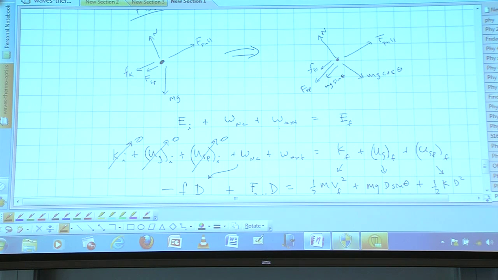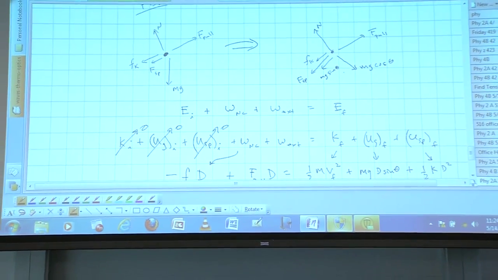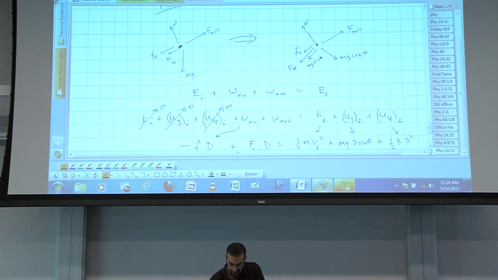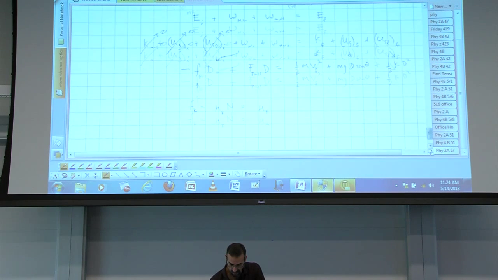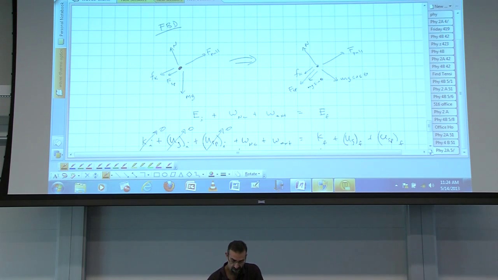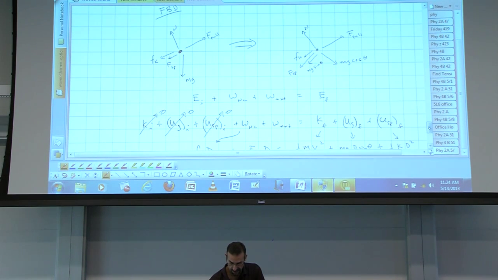I've kind of drawn different lengths so I can get all the letters on there so we know what they are, but the lengths aren't accurate at this time. I didn't calculate those forces. I'm not sure if the lengths are proportional to the magnitudes or not. Okay, so what is my normal force? It's mg cosine theta. We good with that? That comes from the sum of the forces in the y direction having to be 0 because it's not moving in that direction. So the normal force equals mg cosine theta.